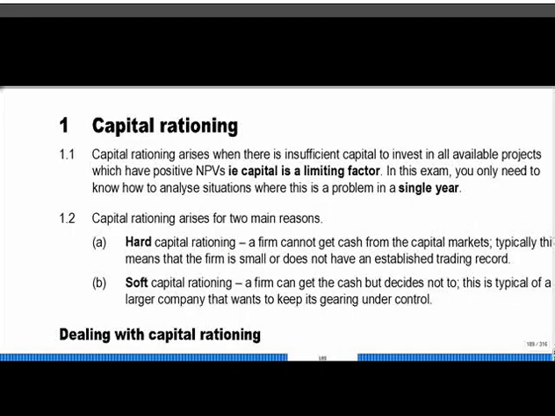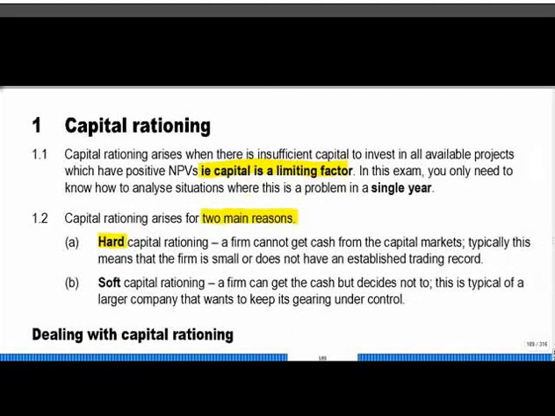Okay, starting off with capital rationing. This is where you don't have enough capital to fund all of your projects. It may be because the capital markets won't release the funds to you, which is called hard capital rationing. This will often be the case for small to medium-sized companies.